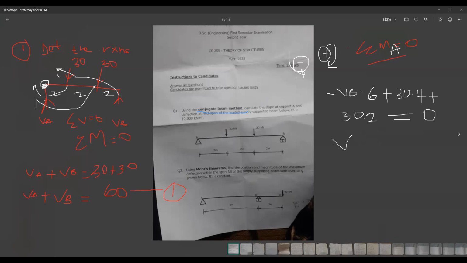With this, you can find VB by making it the subject. So VB is 30 times 4 plus 30 times 2, all over 6.